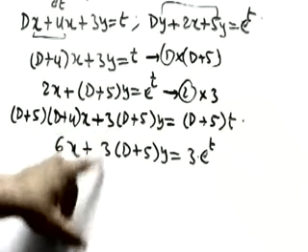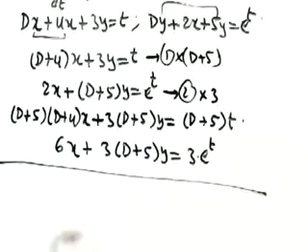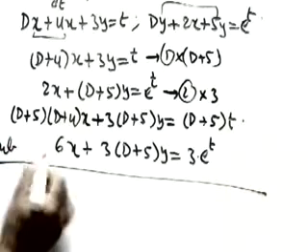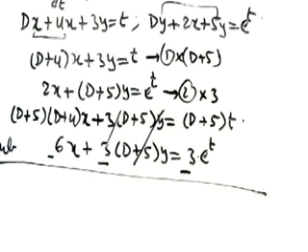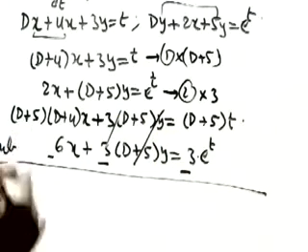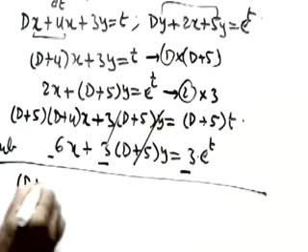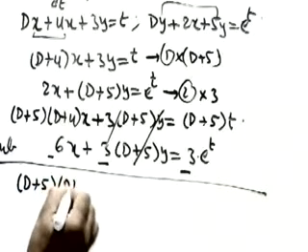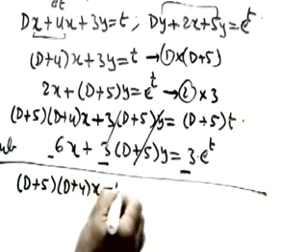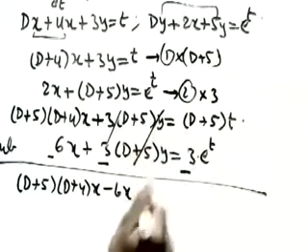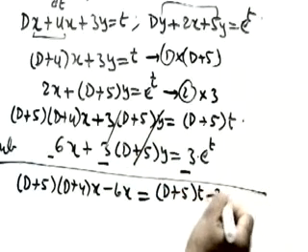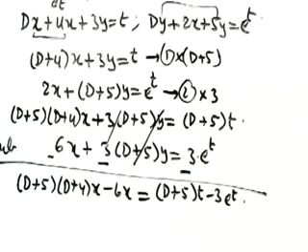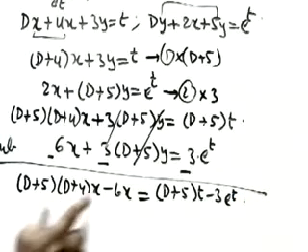Now these two coefficients became the same, so if you subtract, the y terms get cancelled. What is left is (D plus 5) into (D plus 4) into x minus 6x, and on the right, (D plus 5) into t minus 3 e power t.